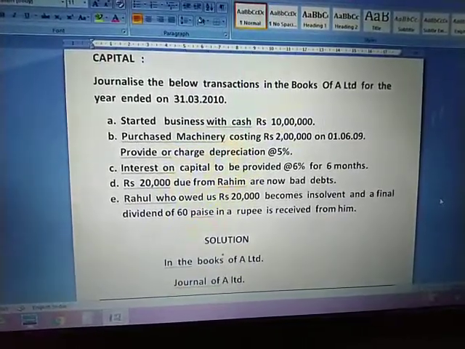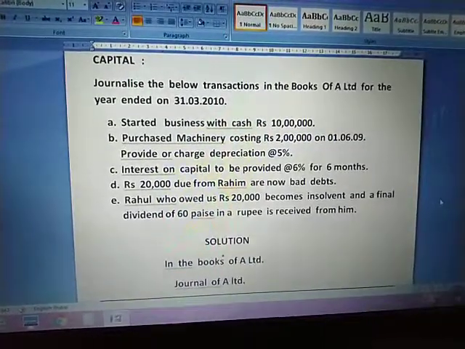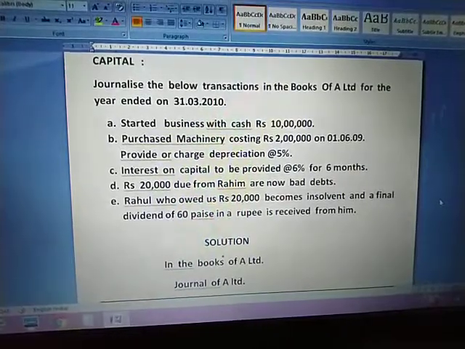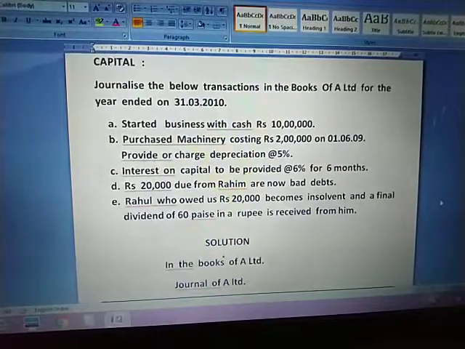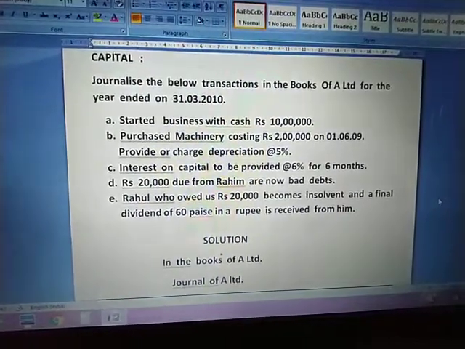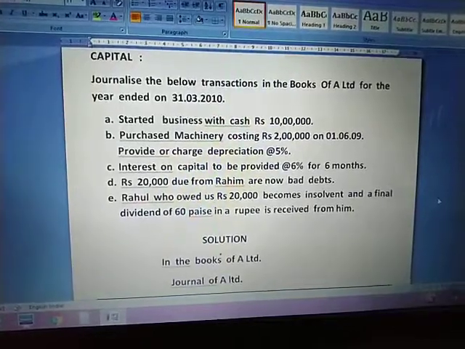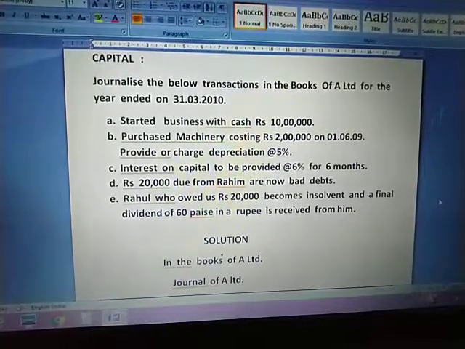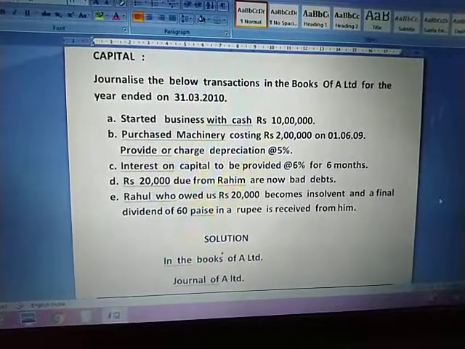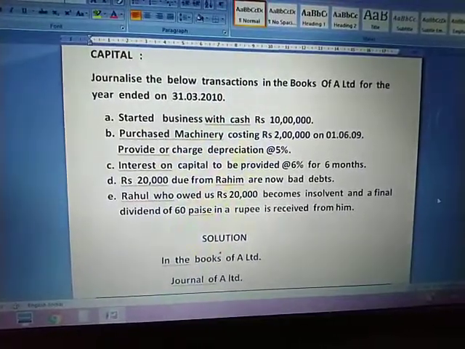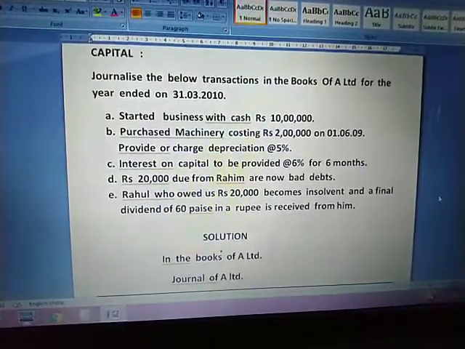Now if you see the question, we have purchased the machinery on 1st June, that means we have used the machinery for business from the month of June to the month of March in the next year, that is 1/6/2009 to 31st March 2010, which gives us 10 months of time. So we will calculate the depreciation on this machinery for 10 months. The calculation will be rupees 2 lakh into 5% into 10 by 12.